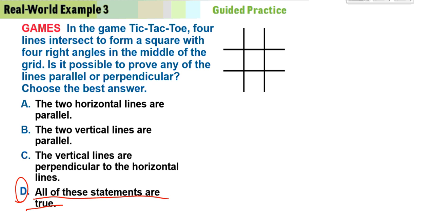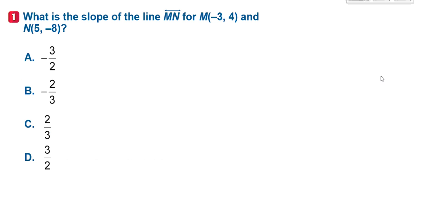Now, moving on are the slope problems. This is the review from the last section. I'm just going to remind myself: slope m equals y2 minus y1 over x2 minus x1. Then I'm going to label these: I'll call this x1, y1 and this x2, y2. Make sure that you keep them in order.